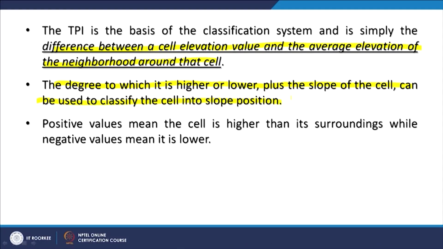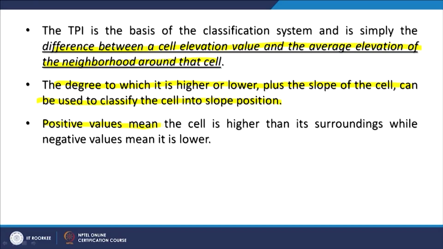So when you are doing it based on slope position, this is how the calculation will be done. And of course, I can still classify those slope positions using landform categories. So the same output can be classified two ways.